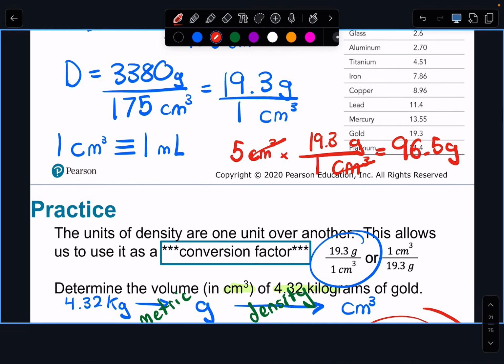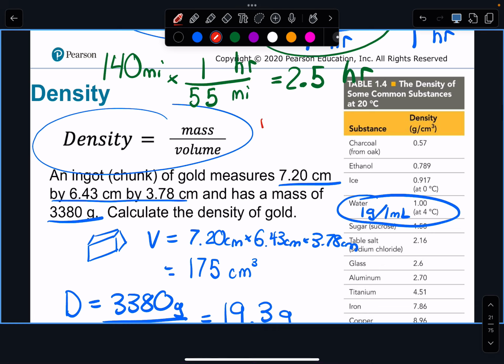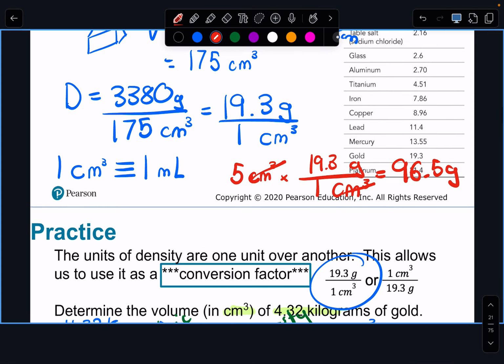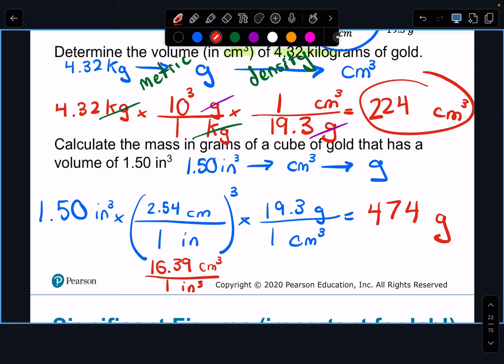So if you were to use this as an equation, D equals M over V, and just try to solve it every time, like solve for mass or volume or whatever, inevitably you mix up how to solve algebraically for the correct unknown. Okay, so if you do it as a conversion factor, you'll avoid that problem altogether. And you're going to have other conversion factors. You might as well be consistent in the way that you're doing it.